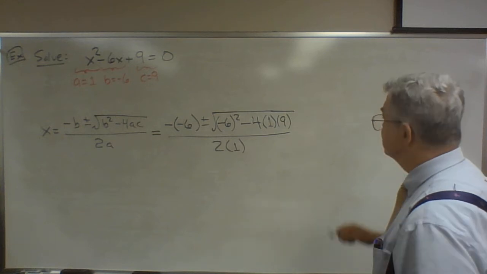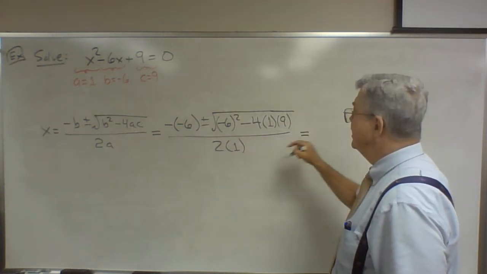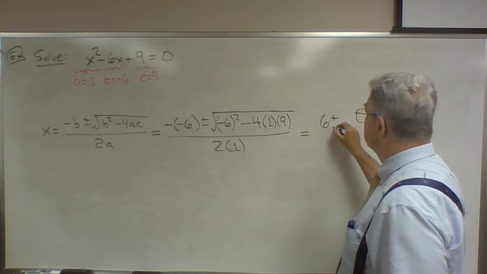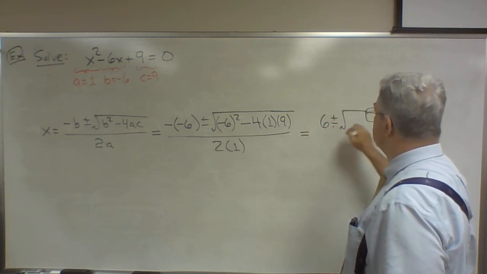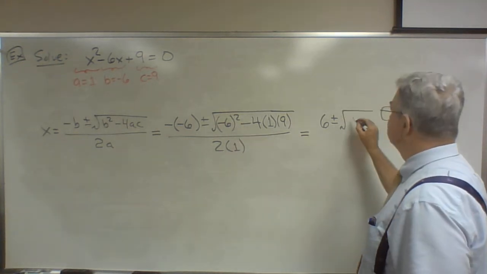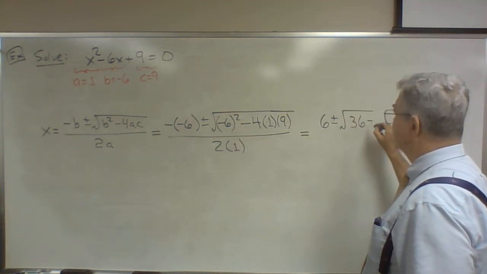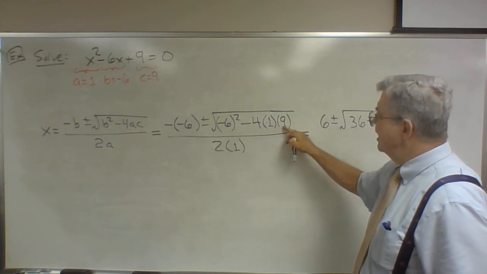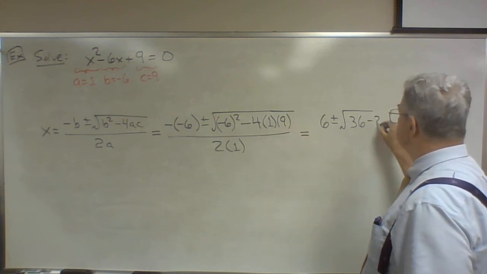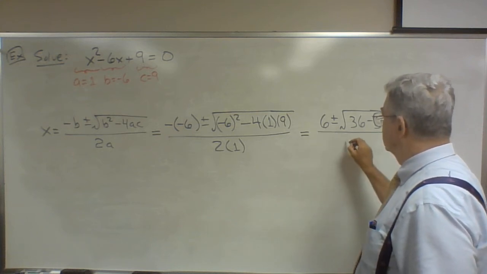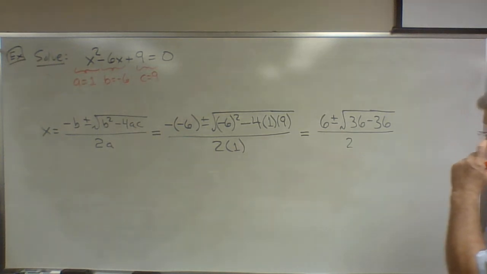So let's do that. Negative and -6 is 6. -6 squared is 36. And 4 times 1 times 9 is 36. Okay, that's what we get.